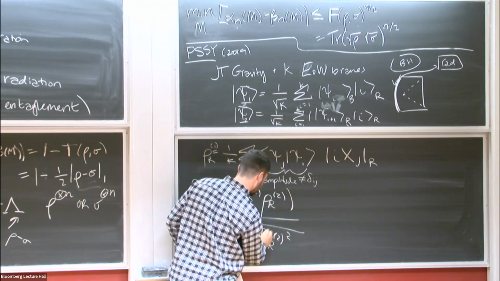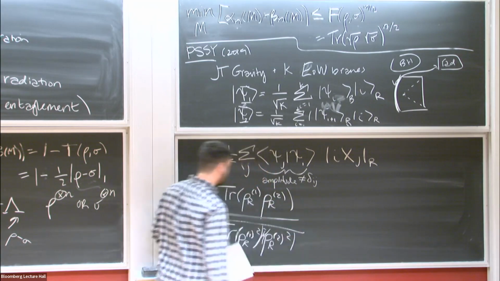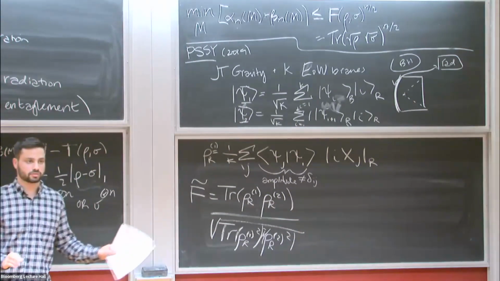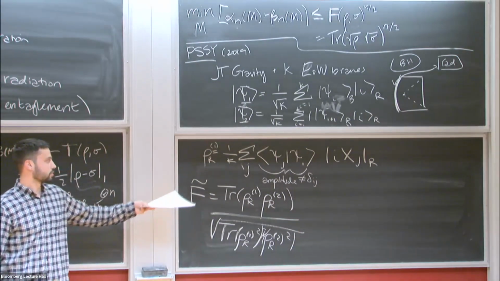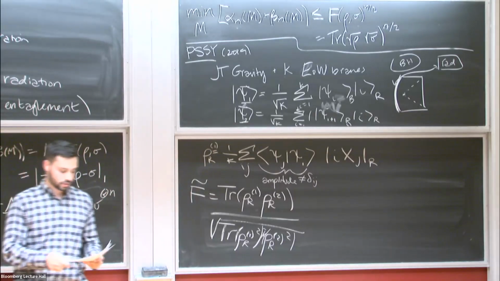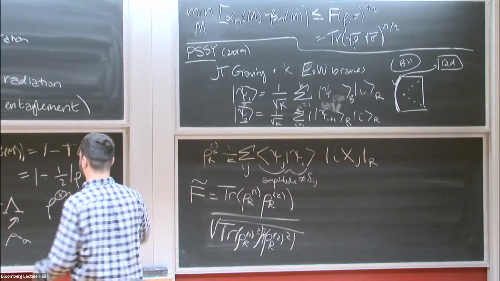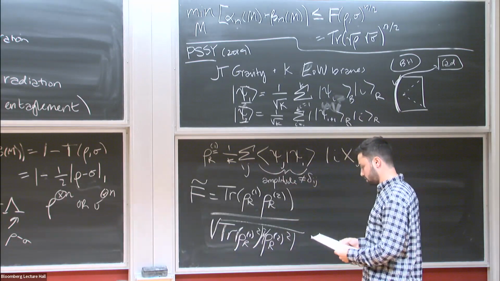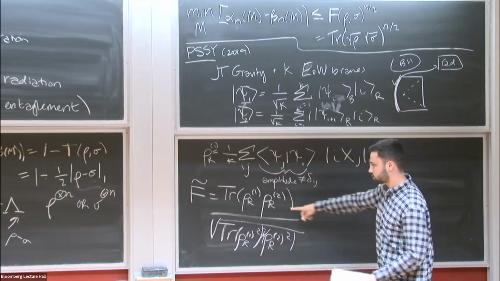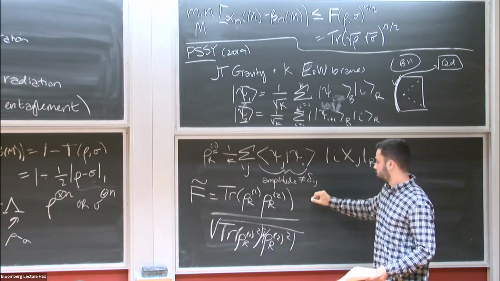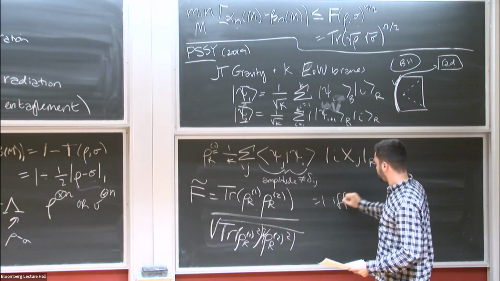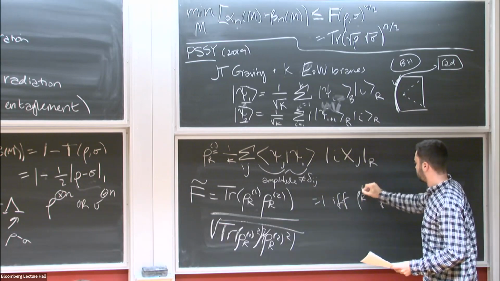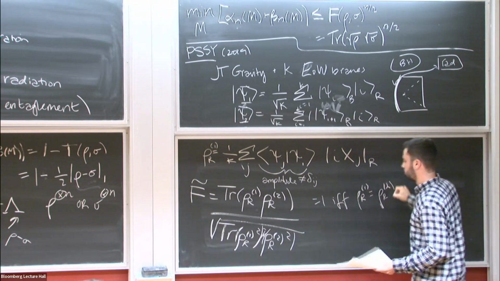If I just do this, it's very simple. We only have to compute these density matrices squared. For quantities like trace distance, we'll need to look at higher moments. I won't do that right now. But one thing to know about this is it's one if and only if rho R1 equals rho R2.